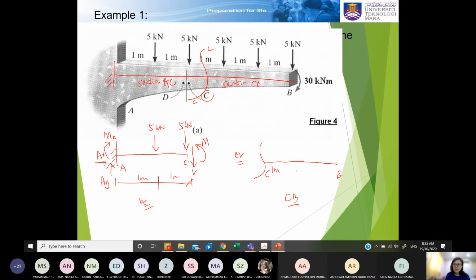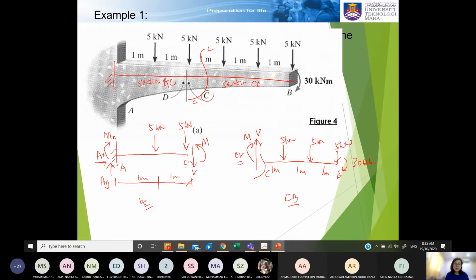So you have 1 meter, 1 meter, 1 meter, the 5 kilonewton loads, and then the 30 kilonewton meter. Here at this cut section, you need to draw the positive sign of the shear going upward and also a clockwise bending moment. This will always be drawn like this if you are considering a left section.